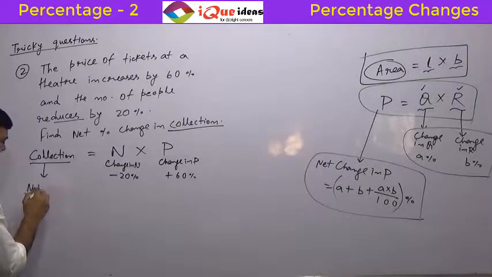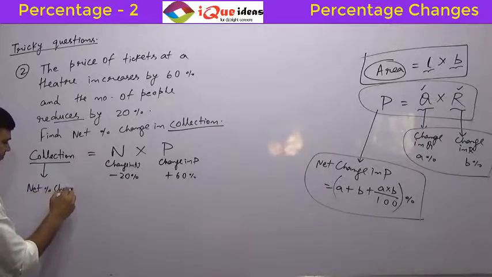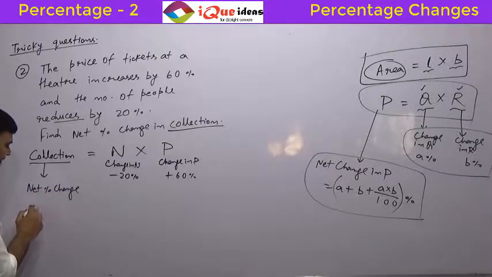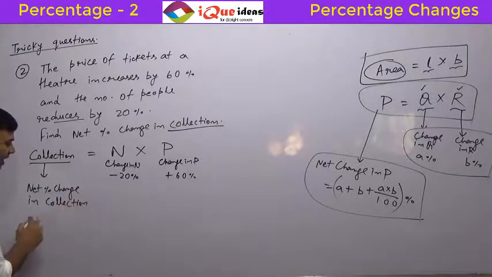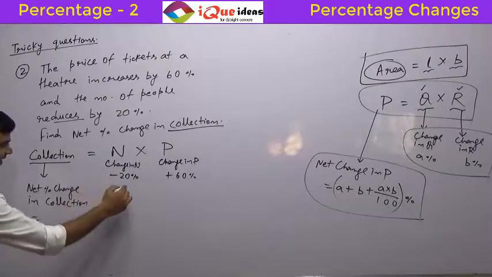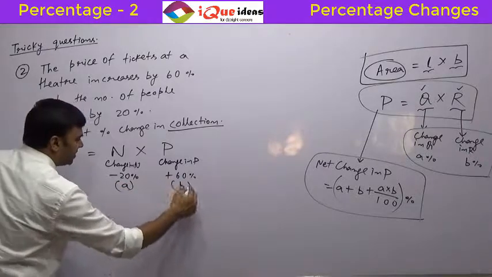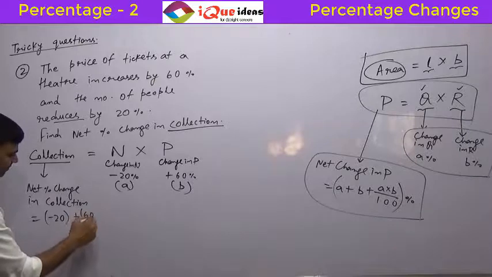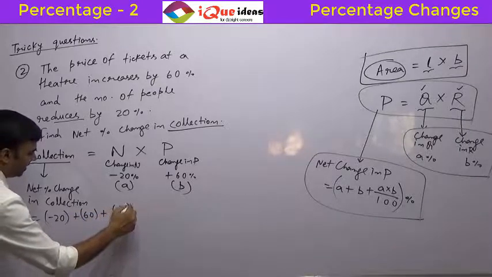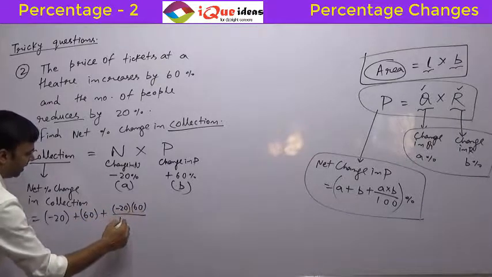So the net percentage change in collection, we can simply apply the formula A plus B plus AB by 100. A is minus 20, B is plus 60. So minus 20 plus 60 plus minus 20 into 60 divided by 100.